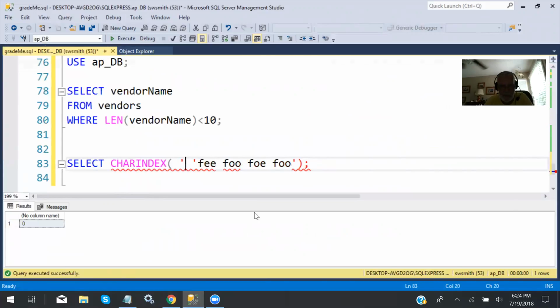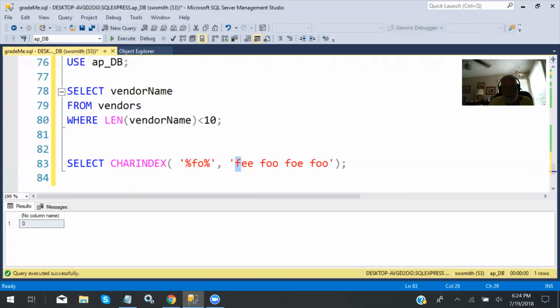So I want to find anything that's got an FO in it. So that should be 1, 2, 3. And so I expect to find it at 1, 2, 3, 4, 5. I expect to find it at 5.